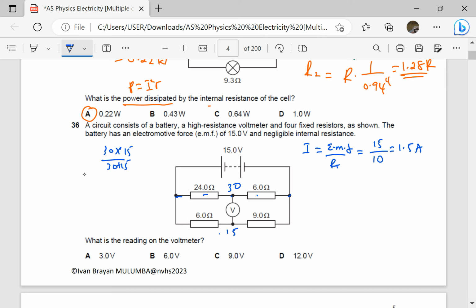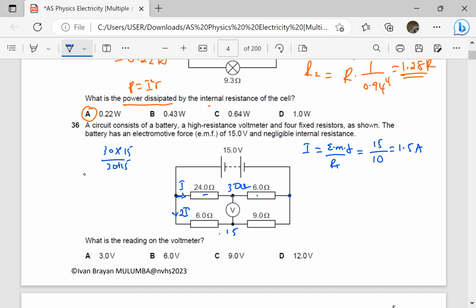We know that if the current here is I, because the total resistance here is 30 ohms, the current here is going to be twice I, because the resistance here is half, and current is inversely proportional to the resistance.